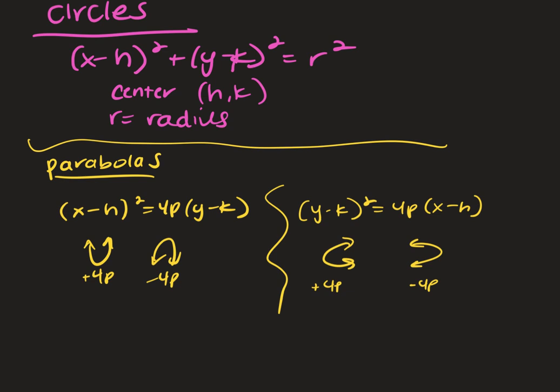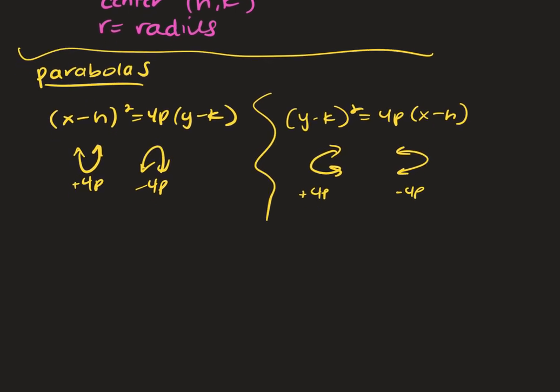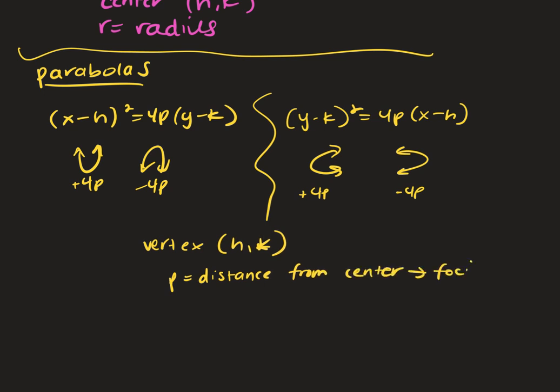And for these, you might be given the equation, again ask information about it, or it could give you information and ask you for the equation. Remember when you're graphing these, your vertex for either of these is your (h, k). p is the distance from the center to the focus, or the center to the directrix.